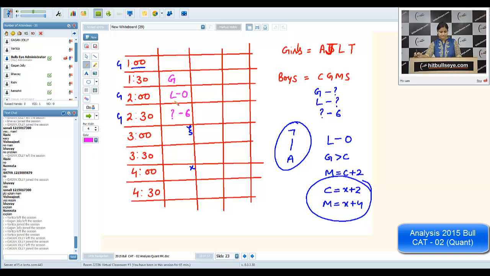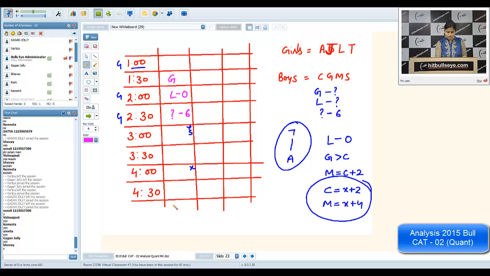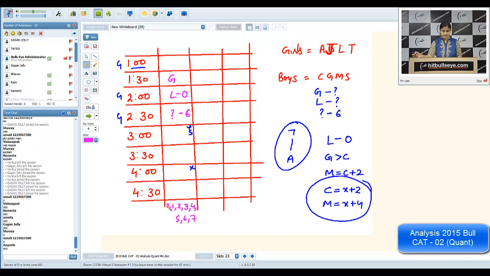Are you getting me or not? It was also mentioned that their experiences are from 0 to 7. So I can use 0, 1, 2, 3, 4, 5, 6, 7. If G should be more than C, of course C cannot come at 1. Is it okay, guys?